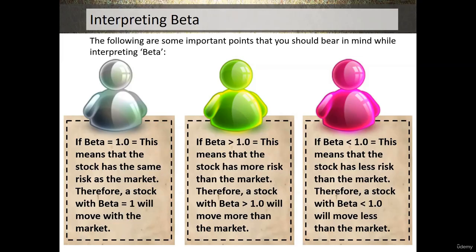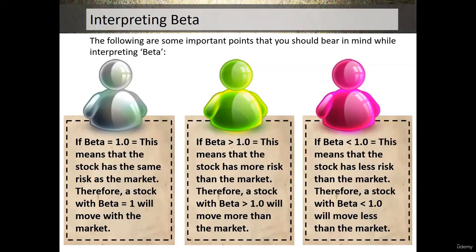Now, if the beta is greater than 1, let's say the beta of my stock is 1.5, then I will say plus 1.5. If the market increased by 10%, my stock will also give increased returns, but this time my stock will give 15% return rather than 10%, because the beta is 1.5.